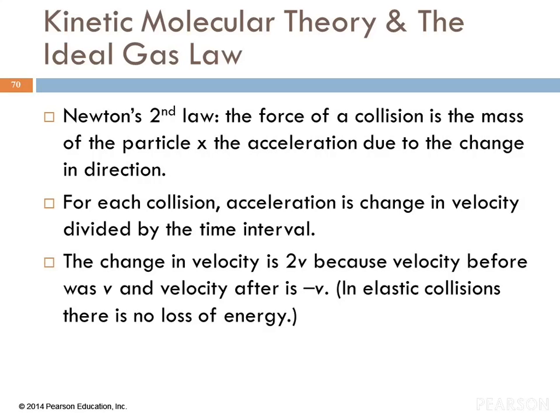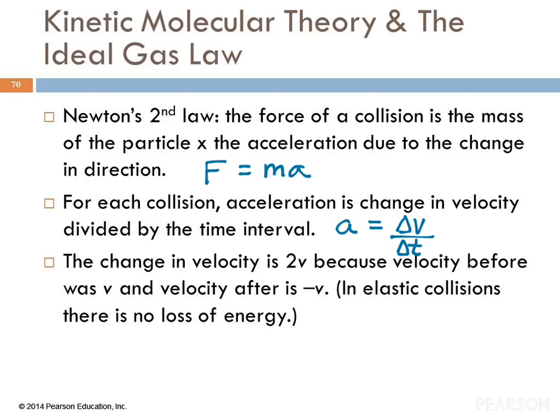I think I'm supposed to write some equations in here. Let's see if I can remember them. So the force of a collision is the mass of the particle times the acceleration. And acceleration is the change in velocity divided by a time interval.